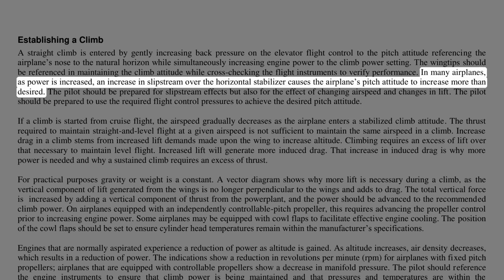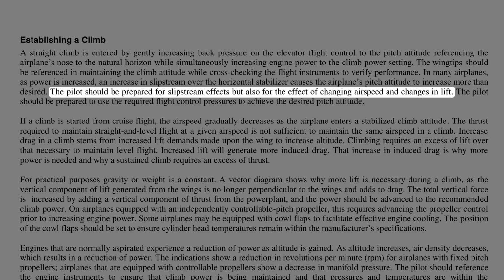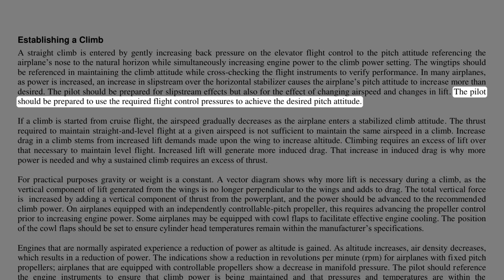In many airplanes, as power is increased, an increase in slipstream over the horizontal stabilizer causes the airplane's pitch attitude to increase more than desired. The pilot should be prepared for slipstream effects, but also for the effect of changing airspeed and changes in lift. The pilot should be prepared to use the required flight control pressures to achieve the desired pitch attitude.